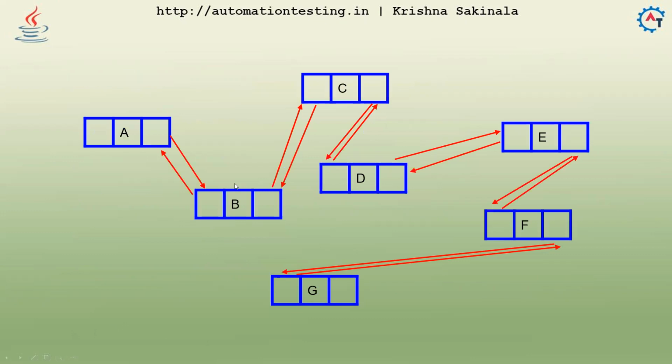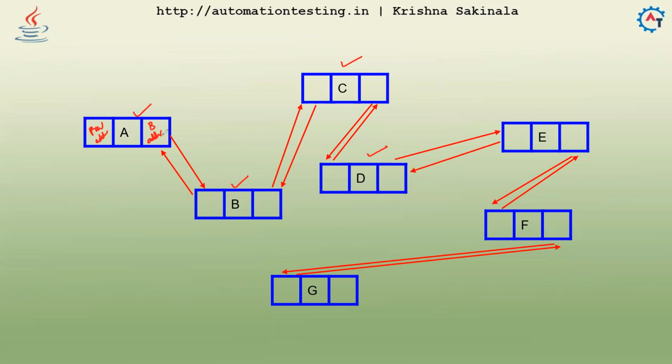If you talk about diagrammatically how the implementation will be, if you see this diagram, the elements will not be in order. A here, B here, C somewhere, D somewhere, and the link between these elements. Every element will have the next element address. So here it will have B address and here the previous element address.